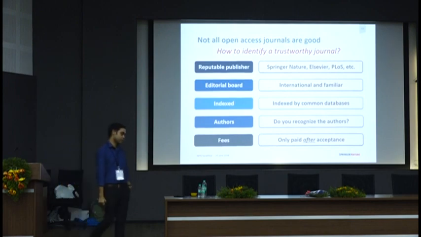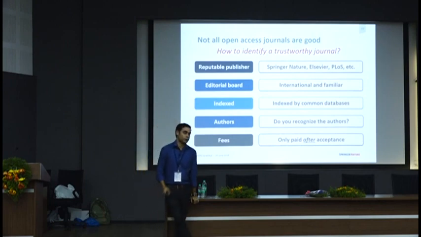In green open access you have the option of publishing your work after an embargo of 1 or 2 years, and you retain the copyright, so you can also publish it in any online free repository. But in gold open access you actually can't do that. So this is essentially the big difference. Of course, both are open access. In both cases you pay for the publication and you retain the copyright, but in green open access you have more freedom. That's it.